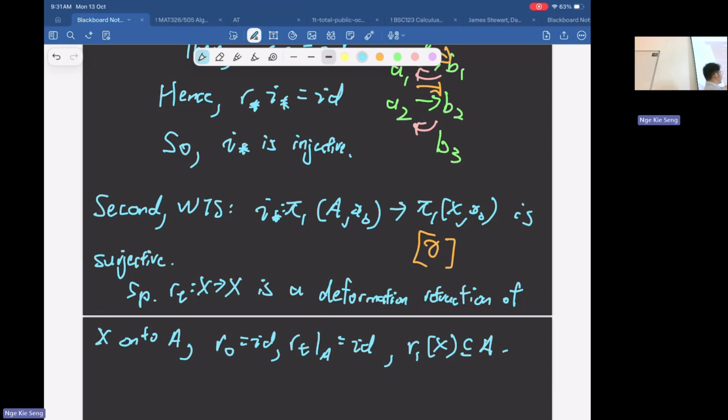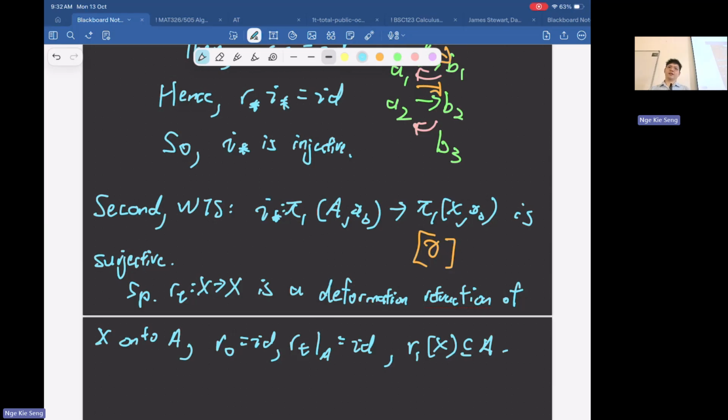There's something that maps to A, right? Another key point here is that the two endpoints x1 are the same, so you are safe to use this r map here. Are we safe? Yes, because this x0 is in A as well.